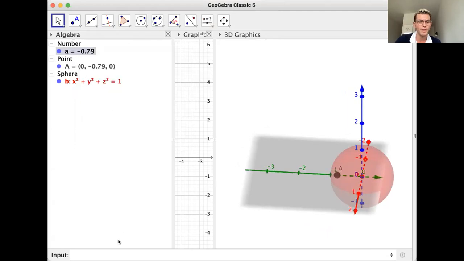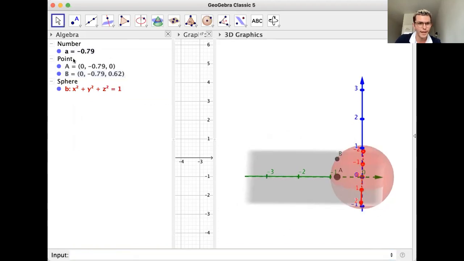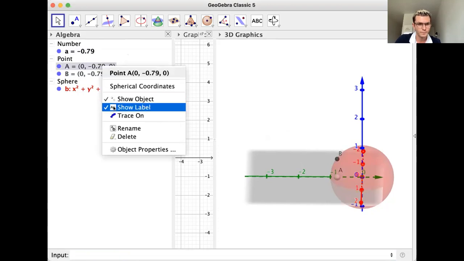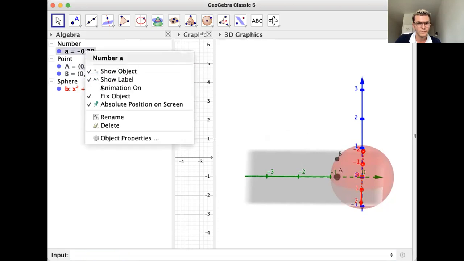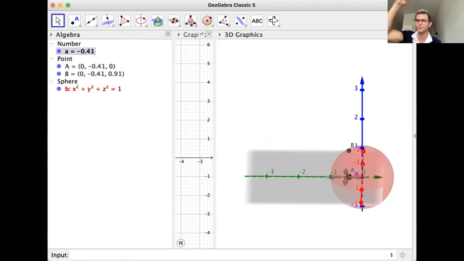That gives you a point upstairs, which is the point, let's call it B, which is 0, comma a, comma square root of 1 minus a times a. So do you see the point B? When A is moving, the corresponding point upstairs is moving. Does everyone see that? Yes.